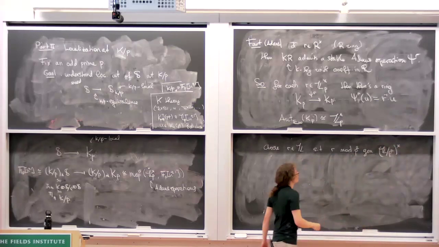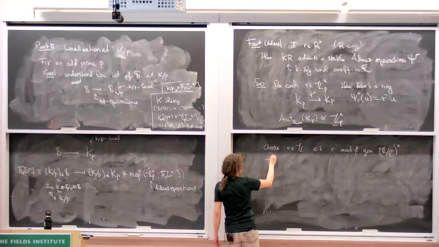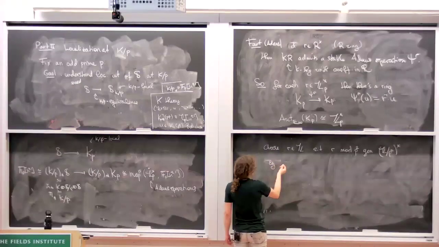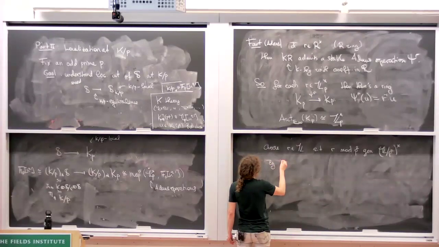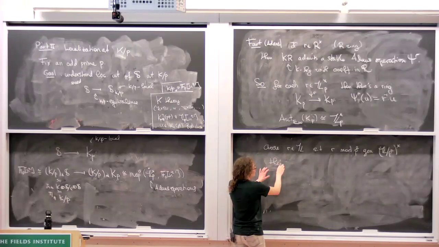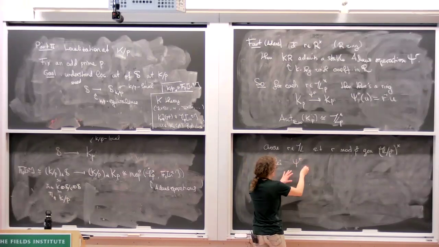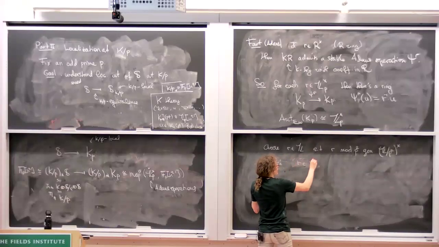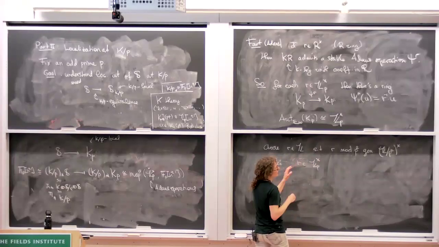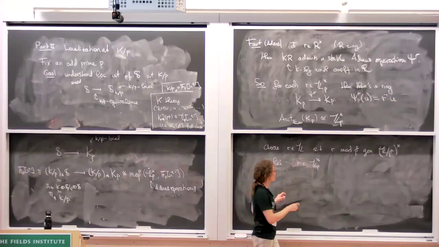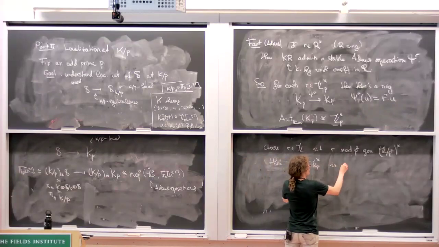Then I can think of r as a p-adic unit, because if it generates the units, it's a unit, so p-adically it's a unit as well, and this is a topological generator.